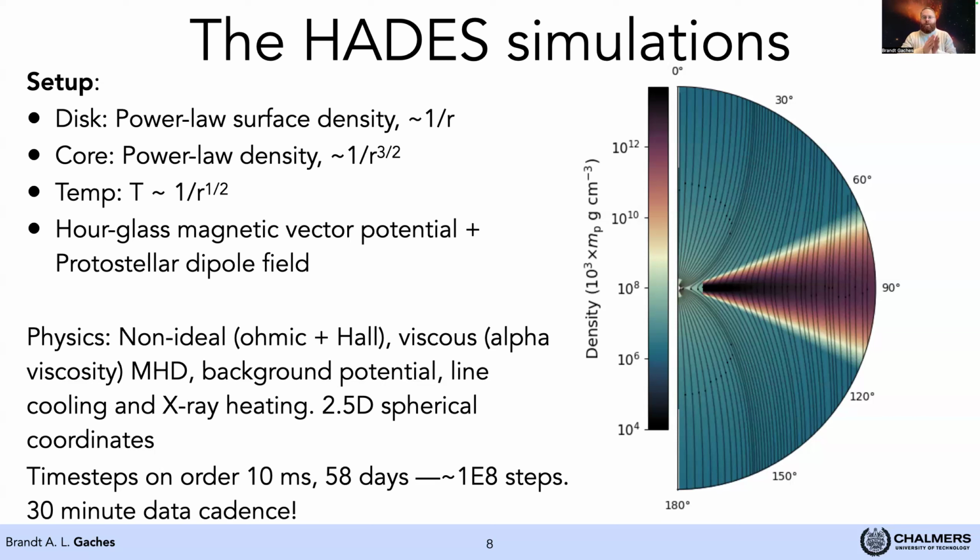And we were simulating almost in real time for a while, where a month on the cluster was about a month of evolution time. So for most of the plots you'll see, we only go about 60 days of evolution with outputs every 30 minutes. We weren't able to evolve much longer just because we couldn't have it on the cluster indefinitely.